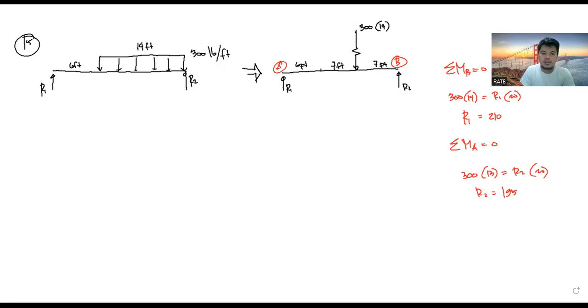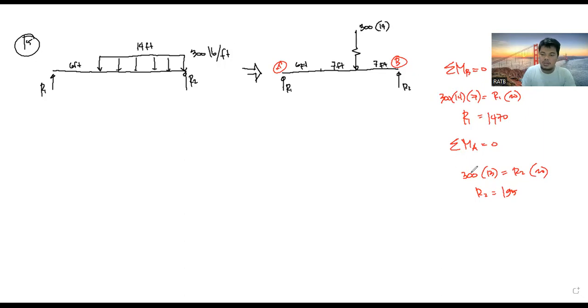So that's 300 times 14 multiplied by the distance 7, divided by 20. So this would be 1470.